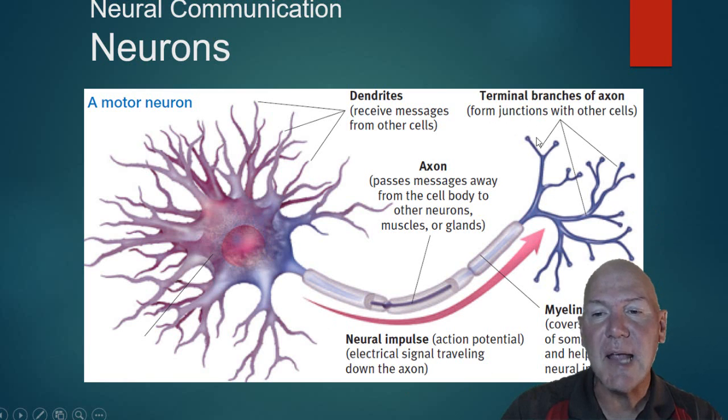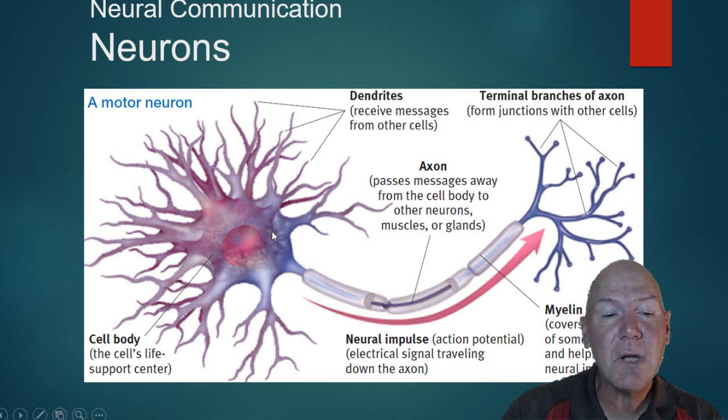Terminal means the end. This is the end of the neuron. Like a terminal disease or a bus terminal, it's the last stop. It's the end. Inside these end bulbs of the terminal branches is where our neurotransmitters are, which are the chemicals that will send messages to the next neuron, because our electricity that's flowing through here cannot jump through a little gap that we have.